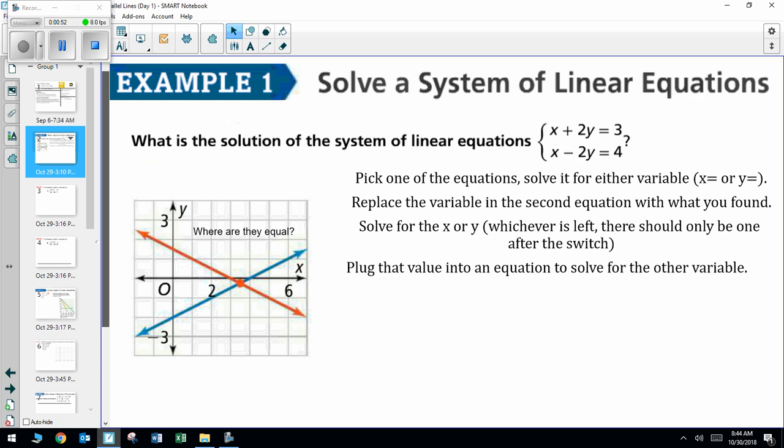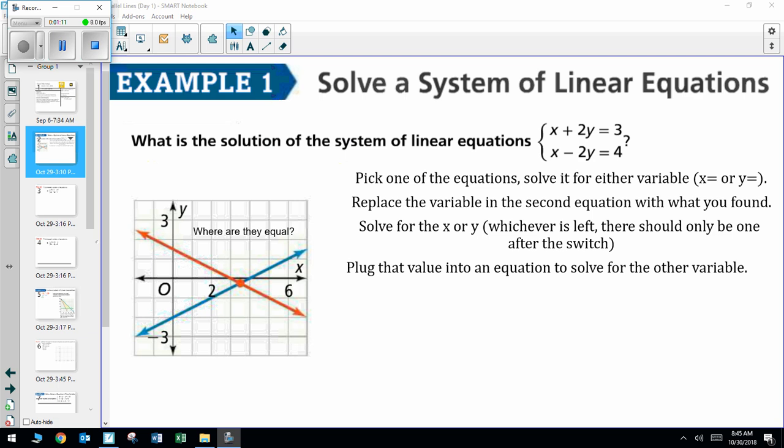And if we don't have a graphing utility with us, we want to be able to solve it algebraically. We have substitution as a method and elimination as another method. So looking at substitution as one of our methods.